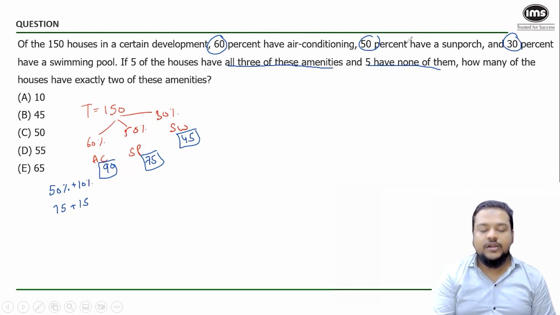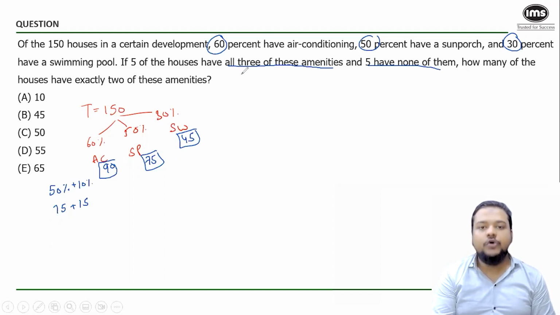It is possible only because there will be overlapping. There will be a house which has a sun porch and a swimming pool both, and a house which has air conditioning and a swimming pool both. There must be some overlapping pattern, because only then will this get equal to 100%.